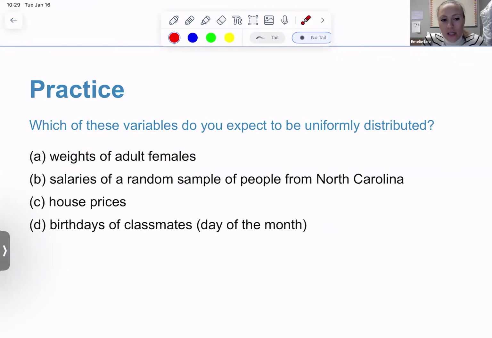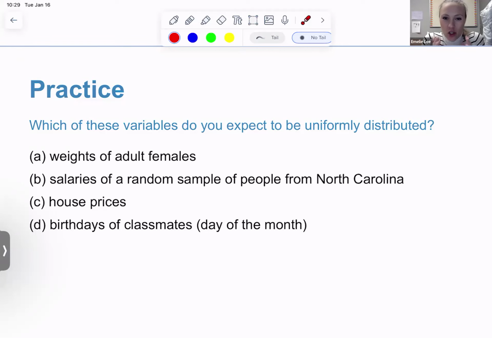It's always good to be able to imagine what the shape of a distribution would be. And so I don't just want to talk about which one of these would be uniformly distributed, but I also want to talk about, well, what shape would I expect? Okay. And I'm going to lead you down this road.